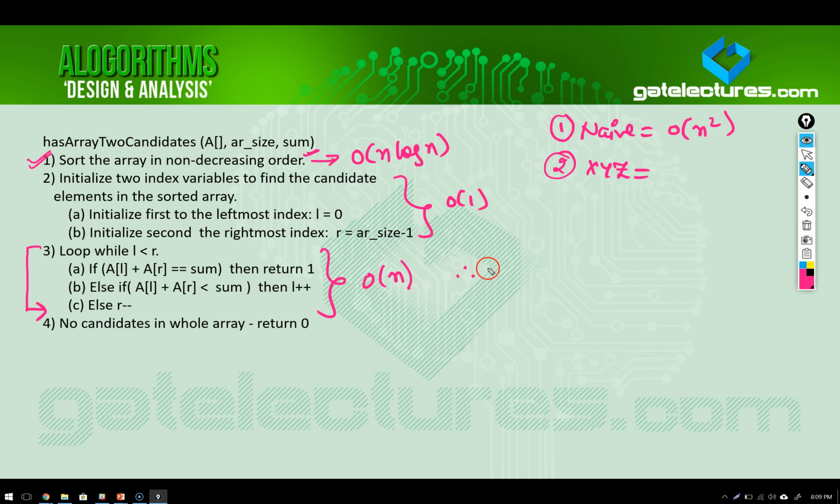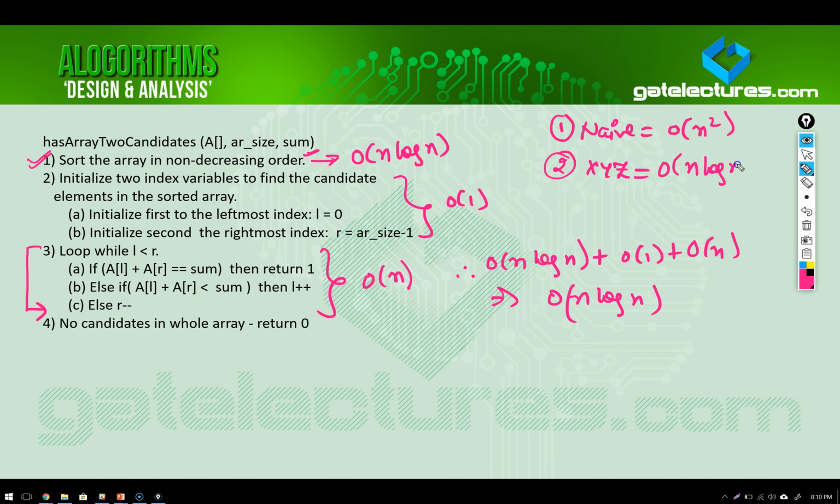Therefore the time complexity will be order of n log n plus order of 1 plus order of n, which is going to be order of n log n. So the second approach that we implemented here is going to take order of n log n time.